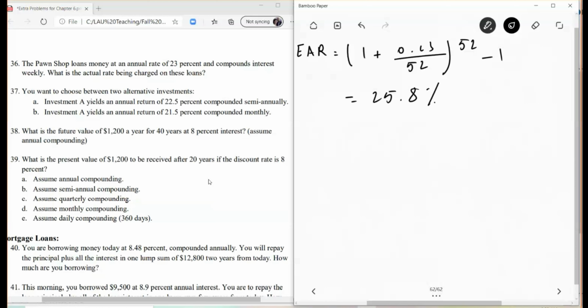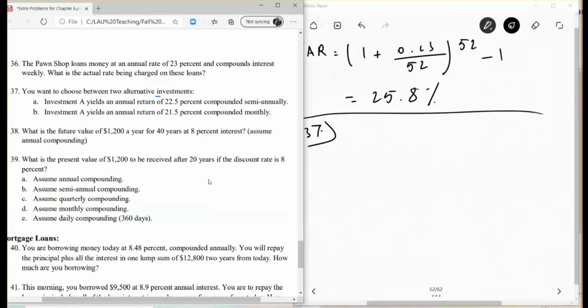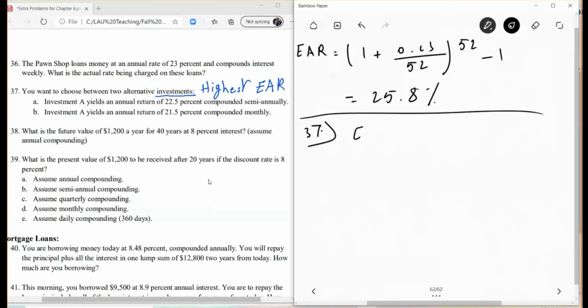Number 37. Here you need to choose between two alternative investments. When you are choosing between alternative investments, you should choose the one with the highest EAR. So I compute the EAR for each investment.